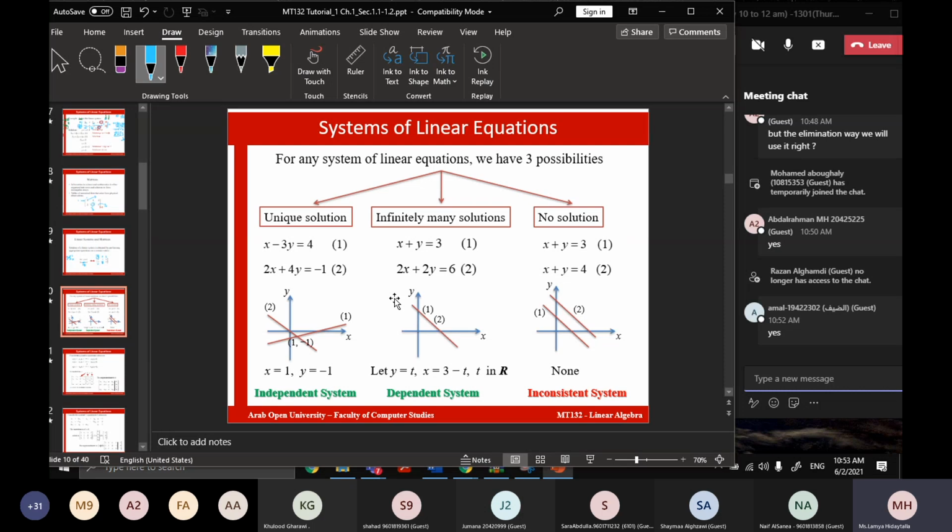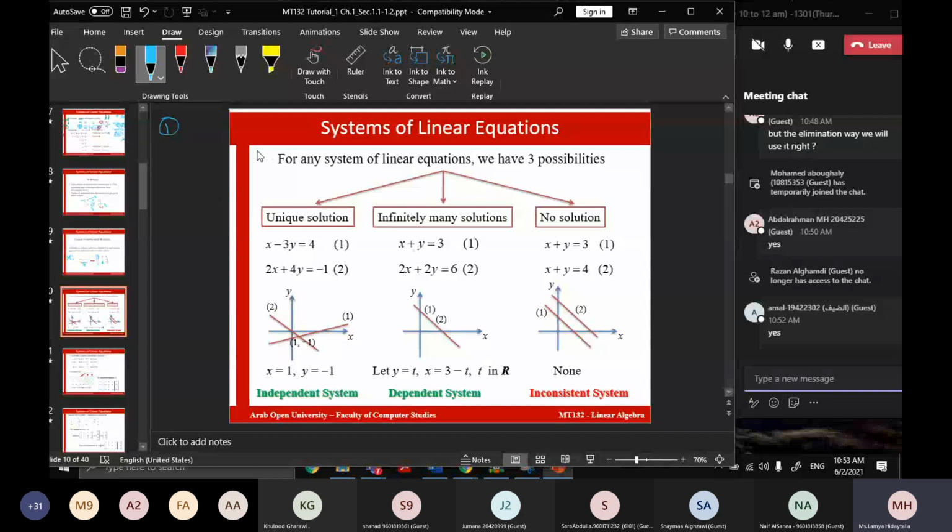Now, we said in this chapter our aim is to solve a system of linear equations. What kind of solutions can we get? Number 1. Okay, let me take a simple system which has 2 equations. We could have a system with 3 equations, 4, 5, 9, 10, 100.